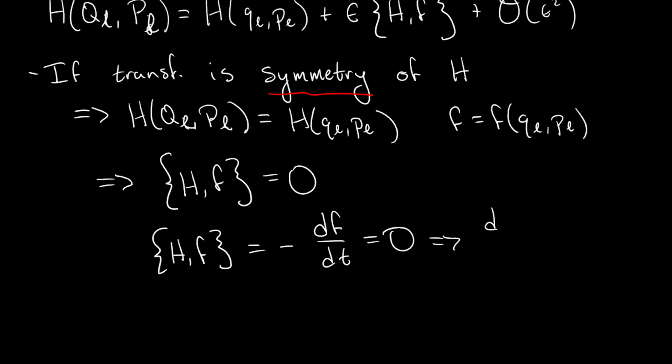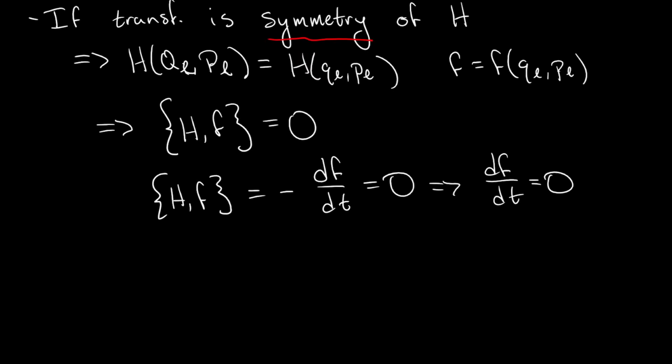So this means that my total change in f with respect to time is guaranteed to vanish when I have a symmetry of the Hamiltonian under a canonical transformation. This is just another way of saying that f is conserved. It doesn't change with time, it's just a number with respect to time.